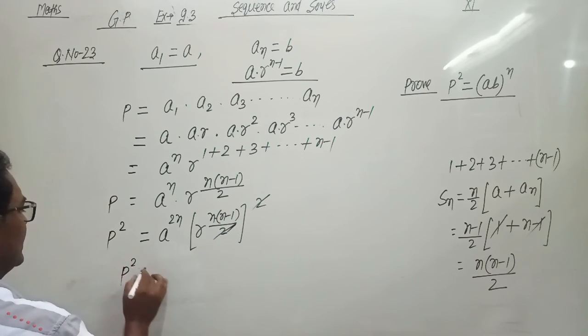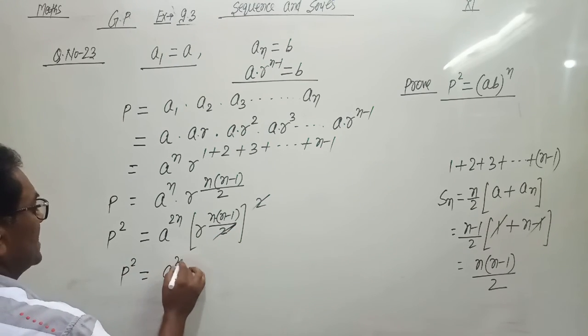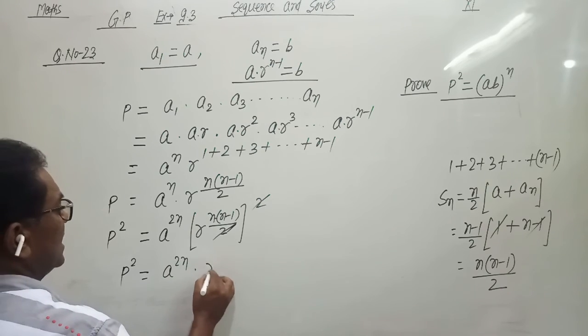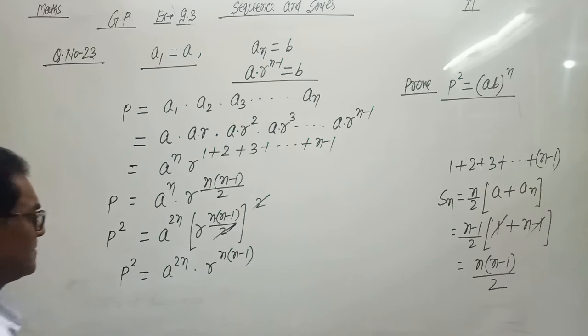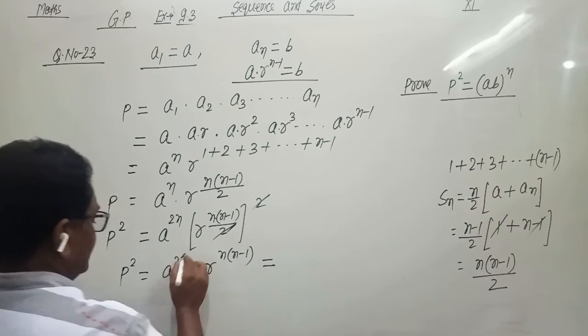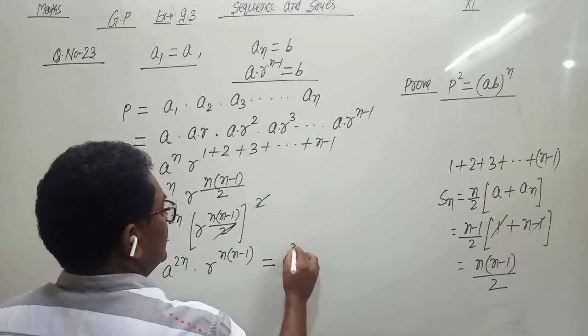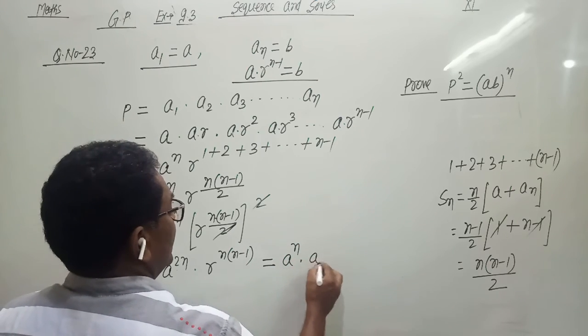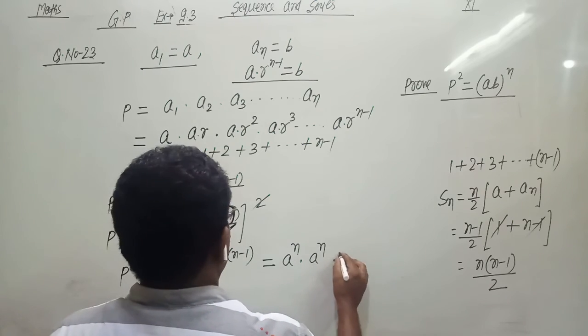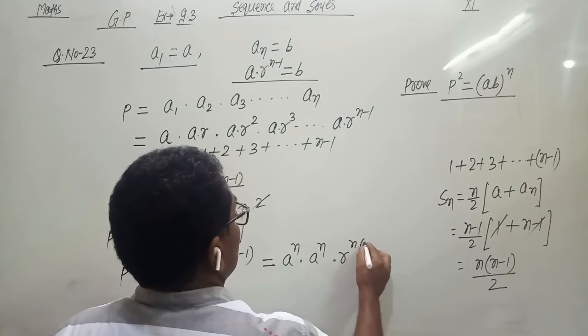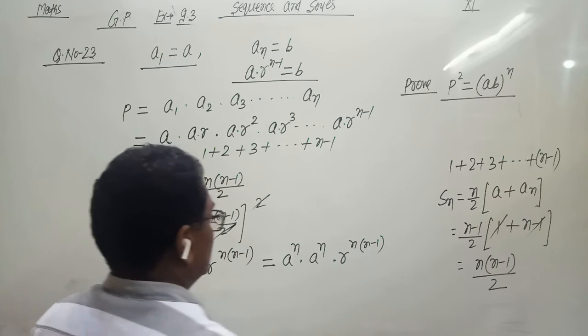So p square equals a raised to the power 2n into r raised to the power n into n minus 1. This can be written as a raised to the power n into a raised to the power n, and r raised to the power n into n minus 1.